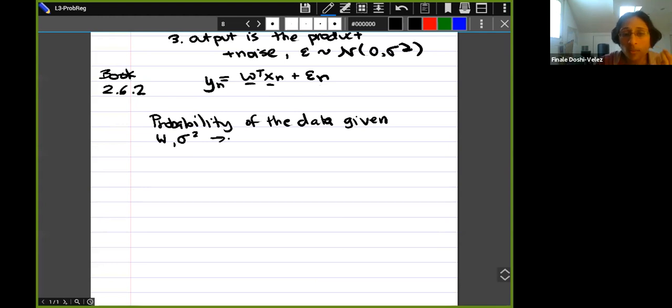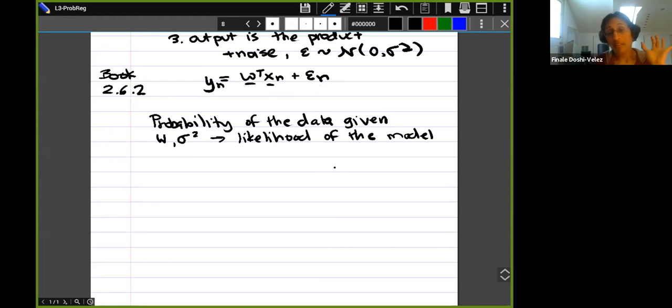This quantity is also going to be called the likelihood of the model. So it's kind of just a naming thing: probability of the data, likelihood of the model, just in terms of terminology or convention. But in either case, what we're looking at is the probability of the data given the model.